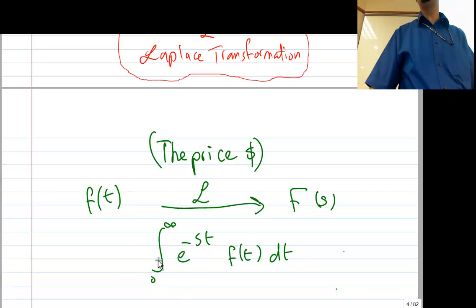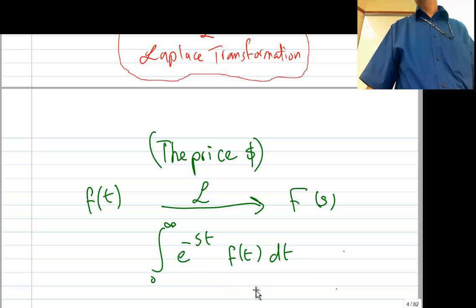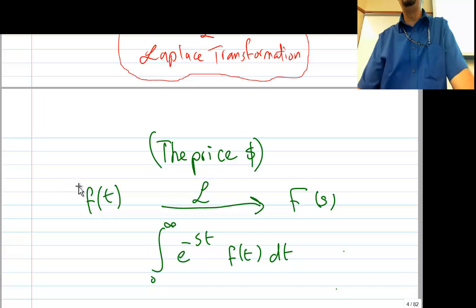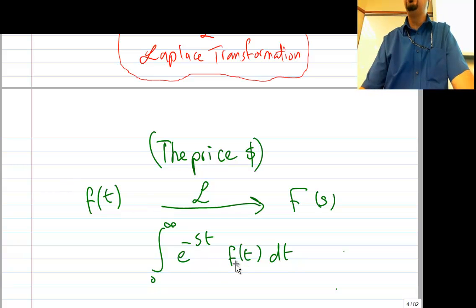The price is to do that integration. You bring this f of t, whatever it is, and multiply it by e to minus st dt, and integrate from 0 to infinity.